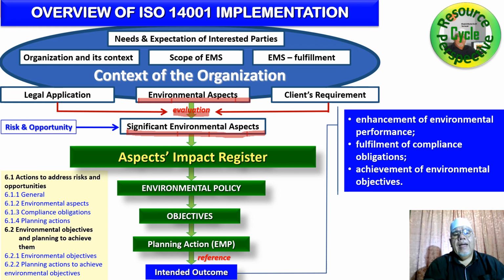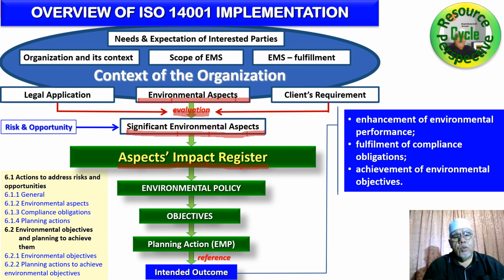Okay, and once we have that, we will construct. Once we know that all the environmental aspects are covered and their respective potential environmental impacts have been identified, then we will sum them up in a tabulated form called the aspects impact register.